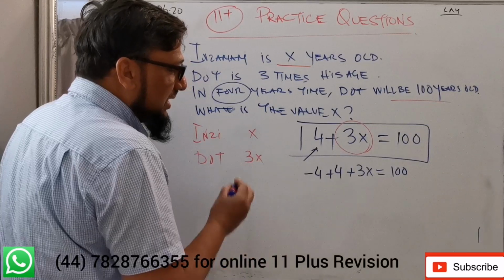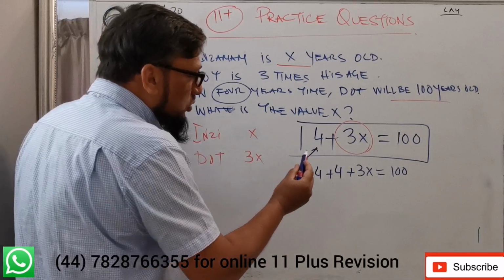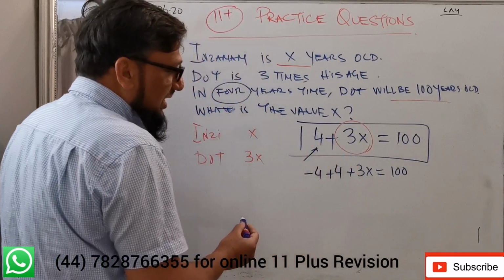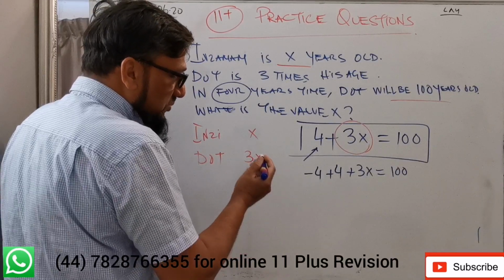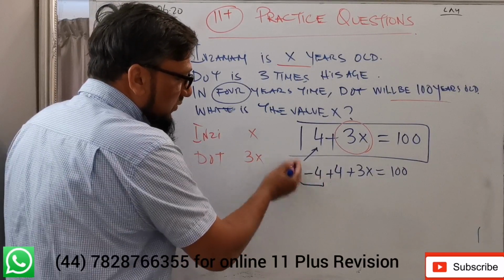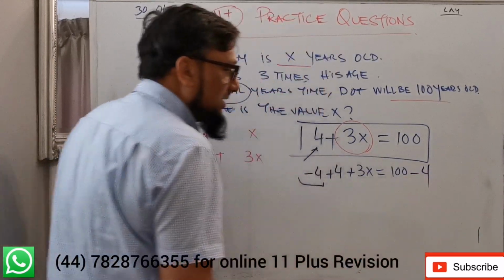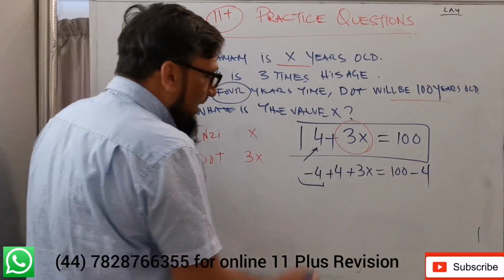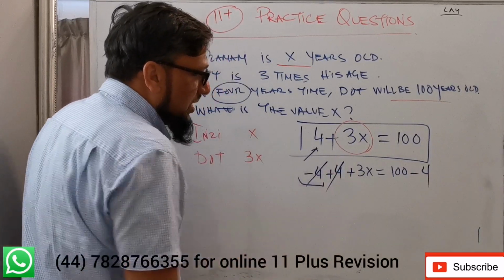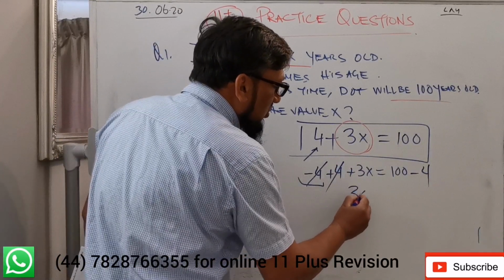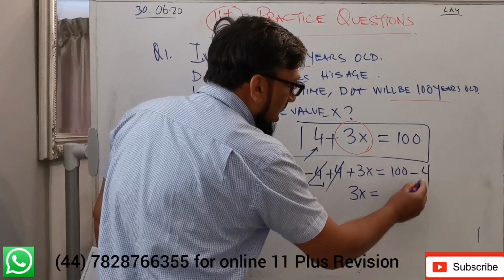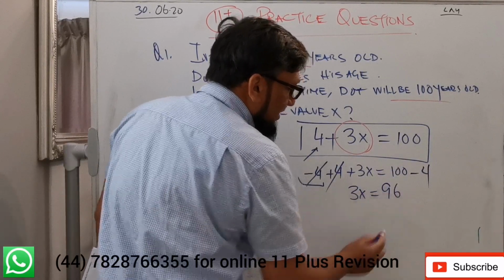As per the equation, if I'm subtracting 4 on the left hand side, I need to subtract on the right hand side. This one cancels, and the remaining will be 3x equal to 100 minus 4, which is 96.